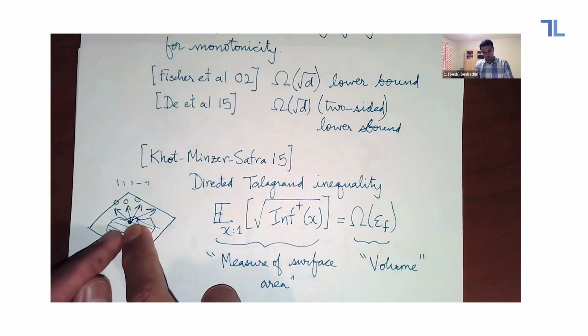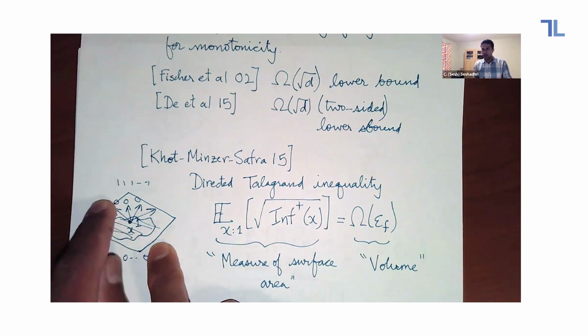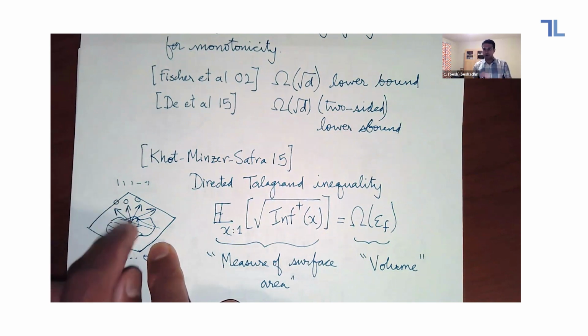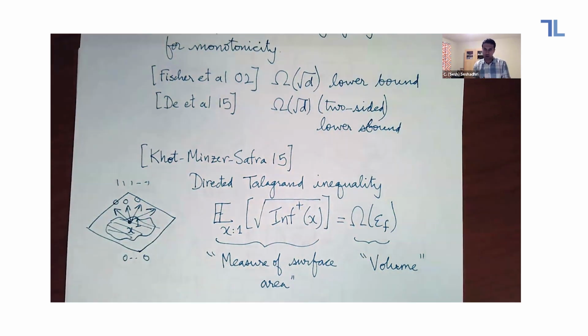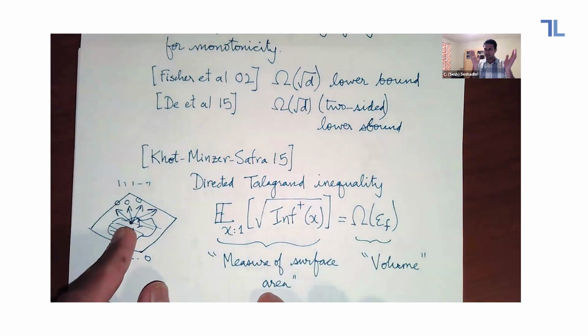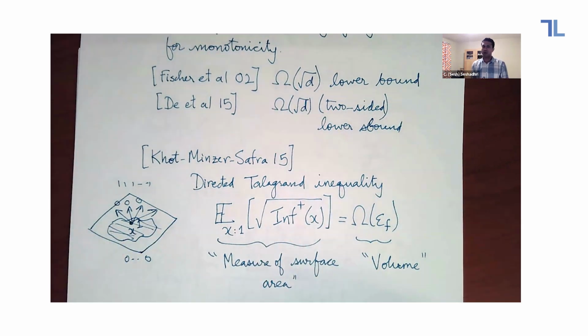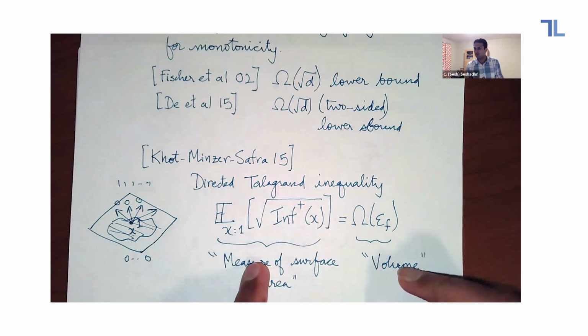For any point with value 1, you look at the number of violating edges that are going upwards, because in this hypercube, all the violating edges are going upwards. So the influence is only counted from 1 to 0. That is inf plus of x. The degree is that directed upwards degree, and you look at the expected square root of it, and this is at least the volume.